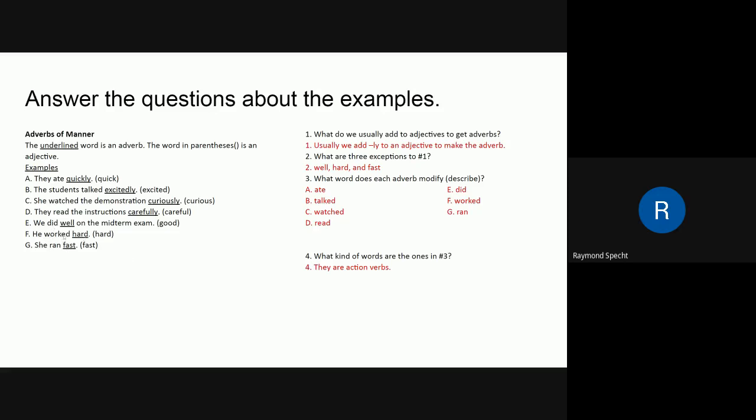Okay. How did he work? Hard. She ran fast. How did she run? Fast. Okay. Good. And what kind of words are the ones in number 3? All right. What are these words? These are action verbs. All right. Action verbs.